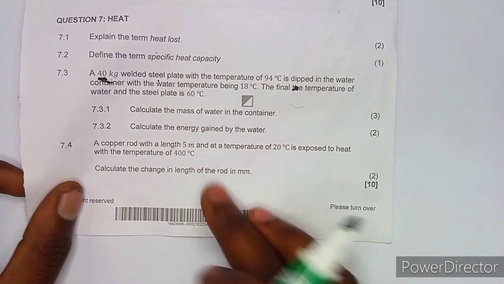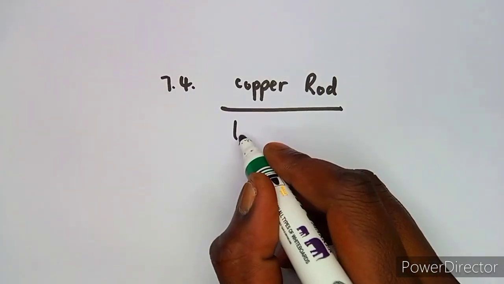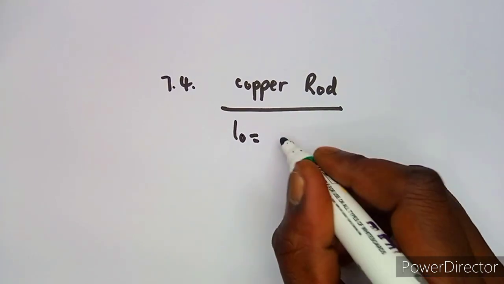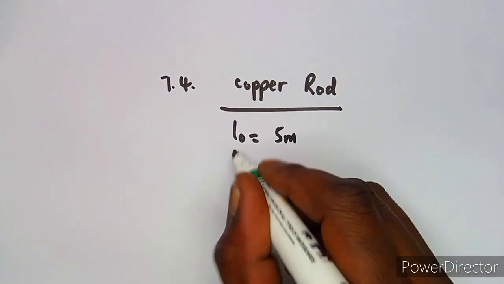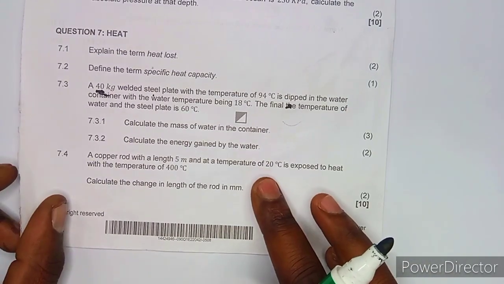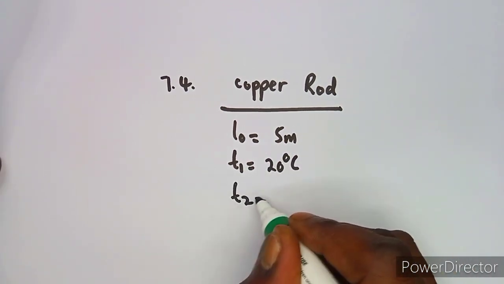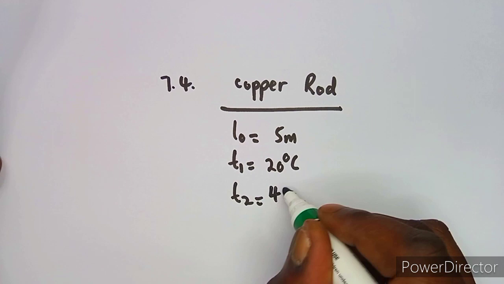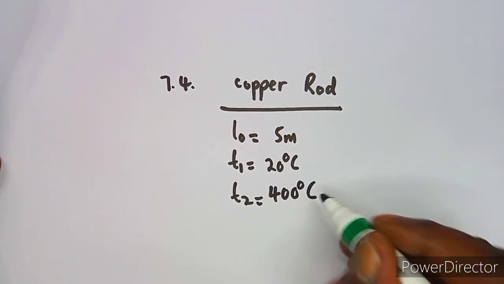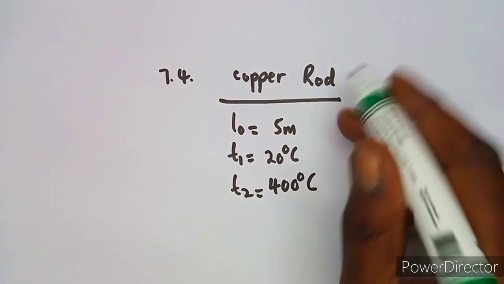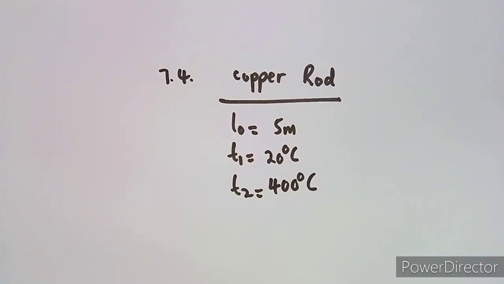Initially this rod was at 20 degrees Celsius, then finally at 400 degrees Celsius, which is the final temperature. So what we are going to have from the copper rod, why do they give us this copper rod?